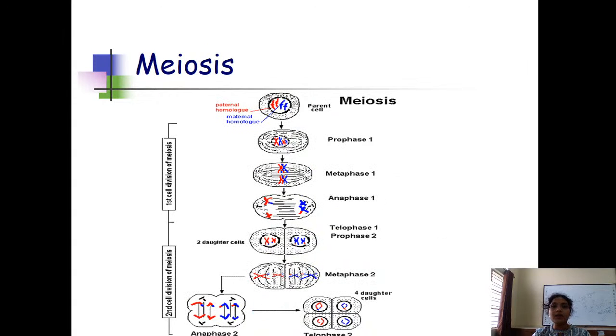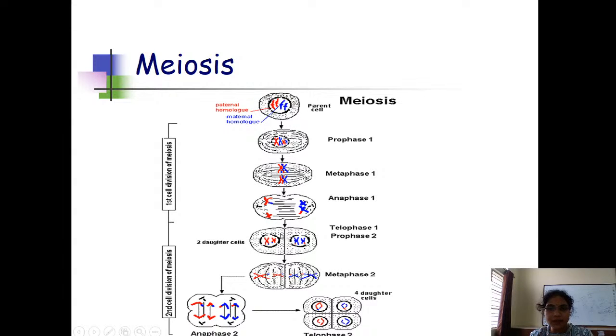Now coming to meiosis, where you have a parent cell which has a paternal homologue and a maternal homologue. Then you have prophase 1, metaphase 1, and anaphase 1, and all these come under the first cell division of meiosis, where the same steps as mitosis take place.